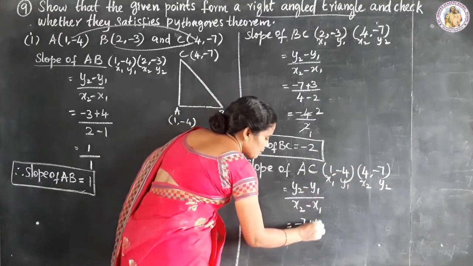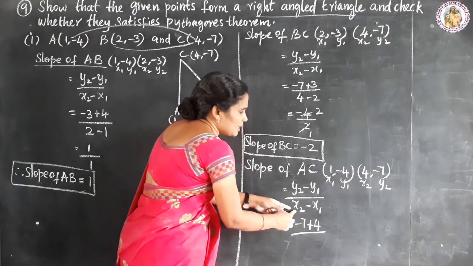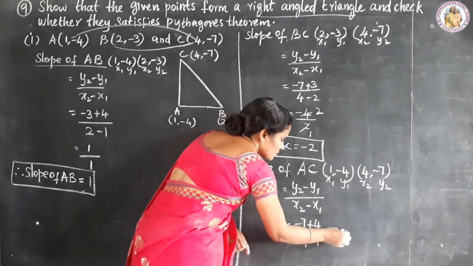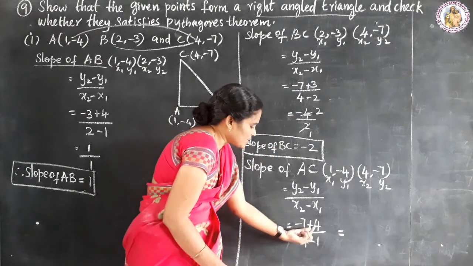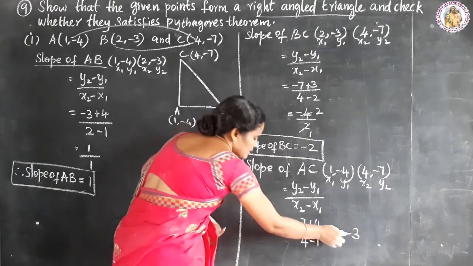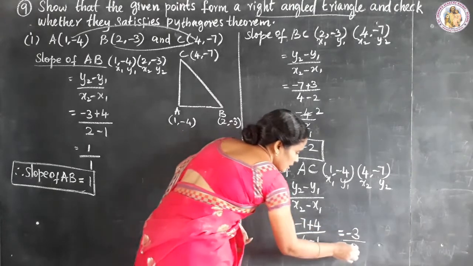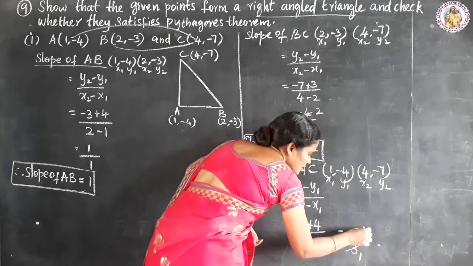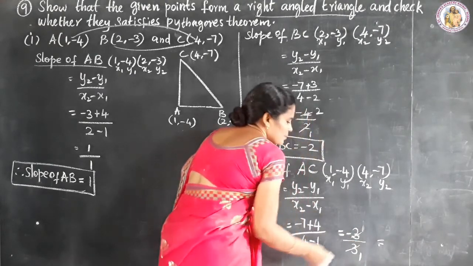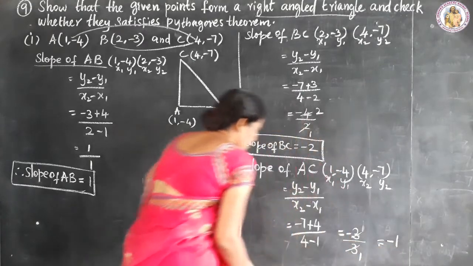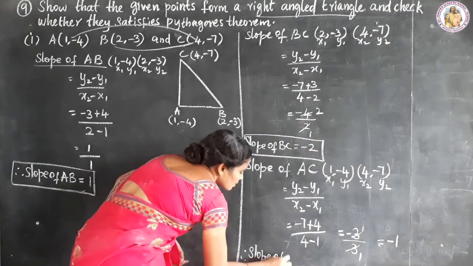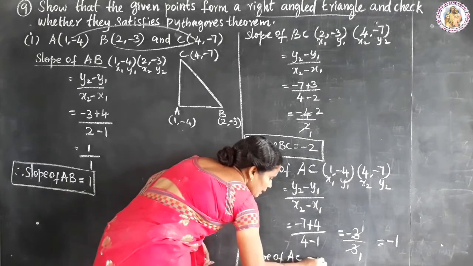Minus 4, when it comes here, it becomes plus 4, divided by x2 is 4 minus x1 is 1. So different sign, 7 plus 4. Different sign, subtract. 7 is greater. So minus 3. 4 minus 1 is 3. So 3 ones are 3, 3 threes are 9. Okay. So it is minus 1. Therefore slope of AC is equal to minus 1.